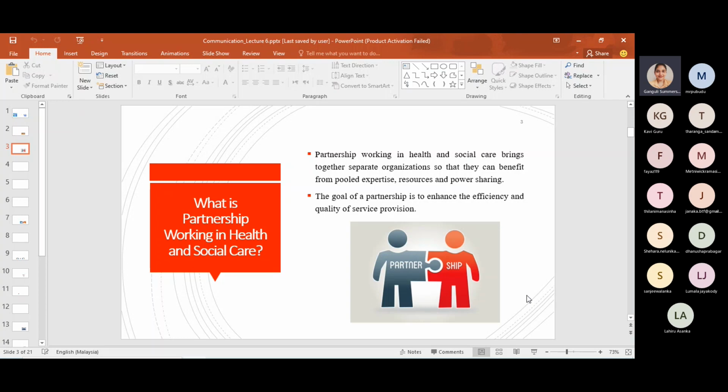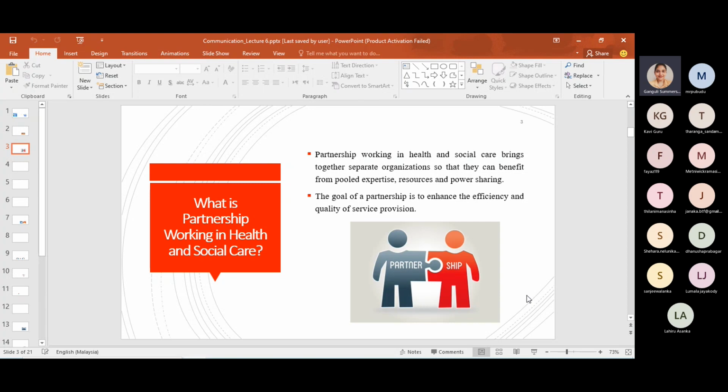So now we are going to talk about how partnership working happens specifically in the health and social care sector.